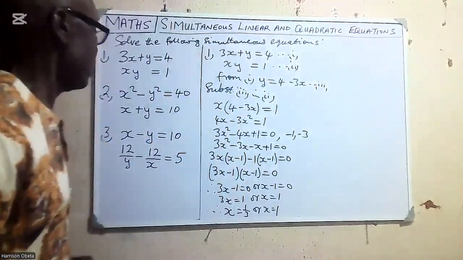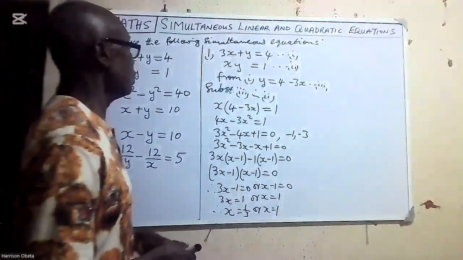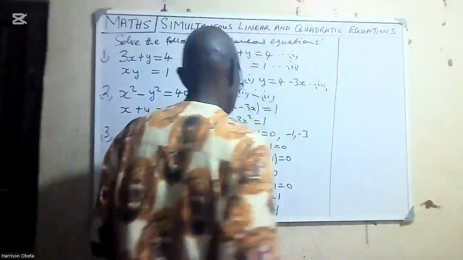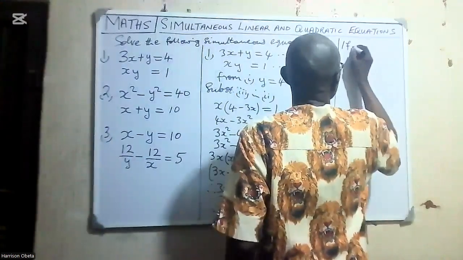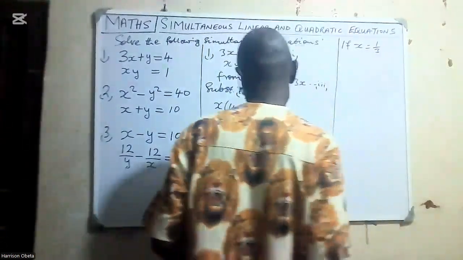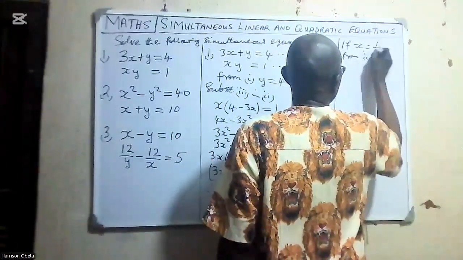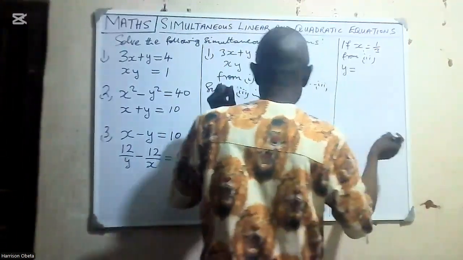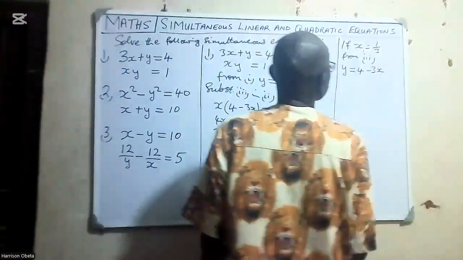So, since we have done that, in order to find the values of y, we have to go back to equation 3. So, go back to equation 3. If x equal to 1 over 3, from equation 3, y is equal to 4 minus 3x.